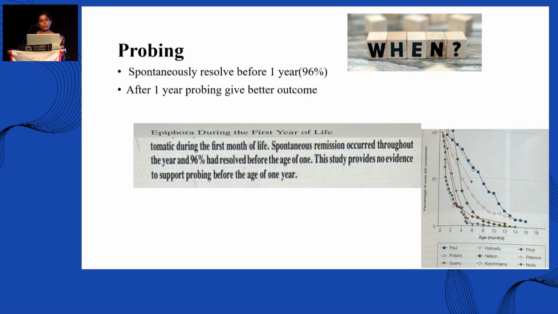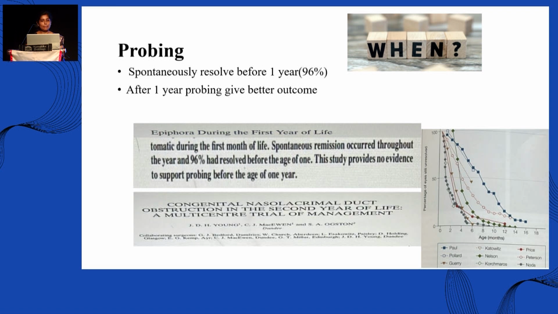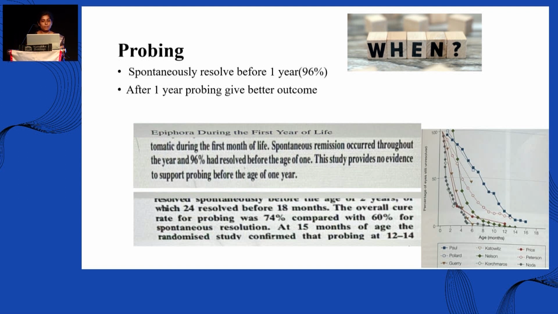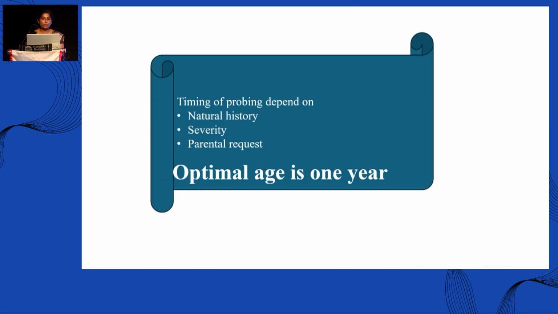After 1 year, probing gives a better outcome compared to conservative therapy. Here Young mentioned that the overall cure rate for probing was 74% compared with 60% for spontaneous resolution. So the timing of probing depends on the natural history, because if the child presents with dacryocystitis or any complication or mucocele, of course we have to intervene then and there.